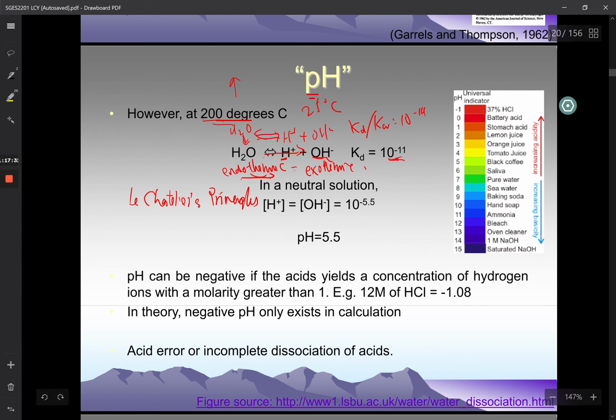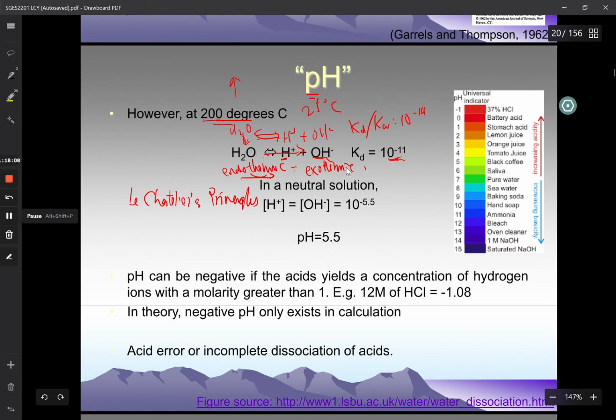So in this case, the equilibrium will tend to lower the temperature of the system, because the system has a high temperature.